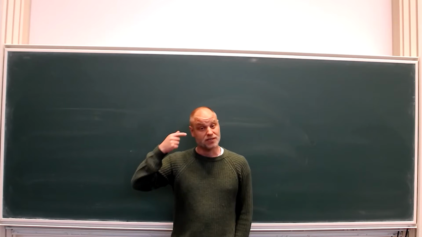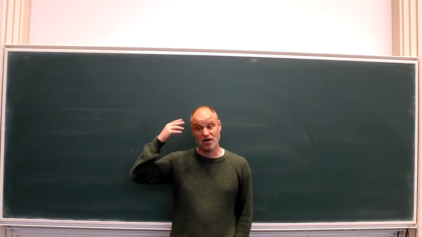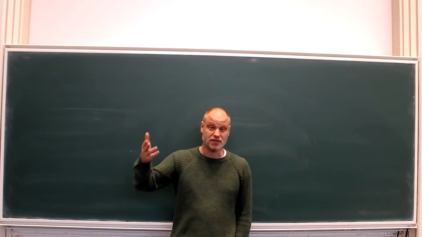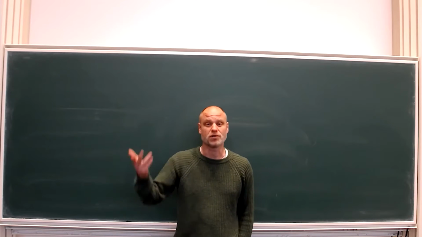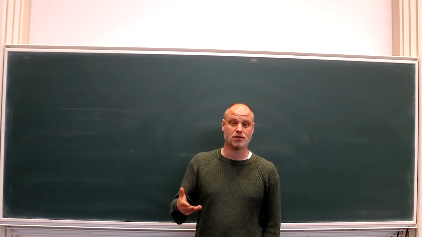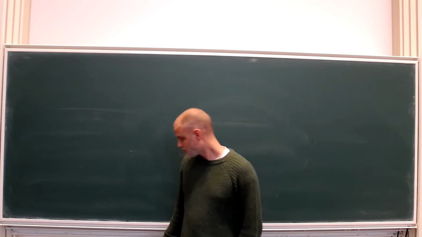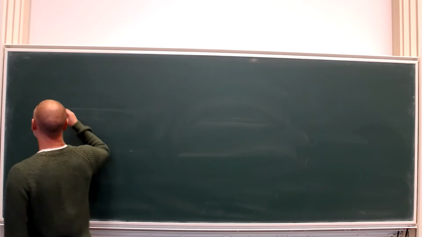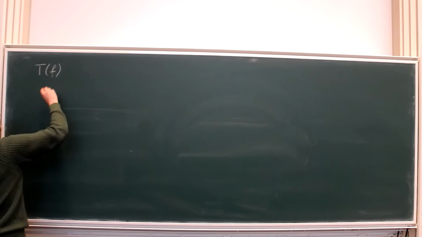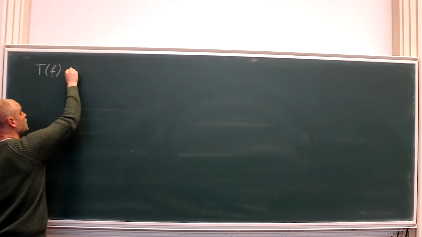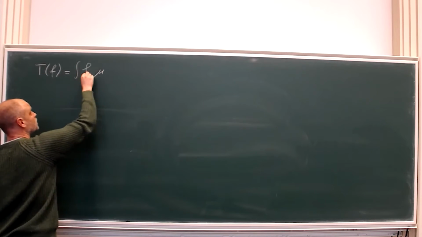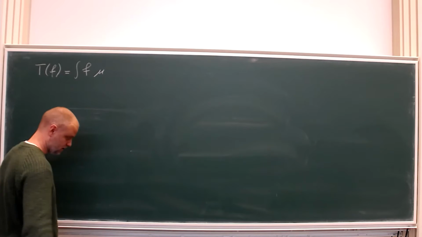And then it turns out that the Banach space of all either signed or complex measures, depending on whether we work in the real or complex world, becomes the dual in the sense that for each linear functional T, which you want to apply to some continuous function f on some space that we will specify shortly, you can always find a measure mu such that this integral becomes realized like this.